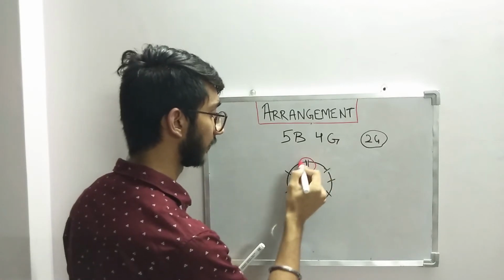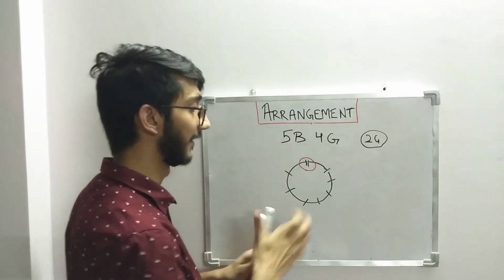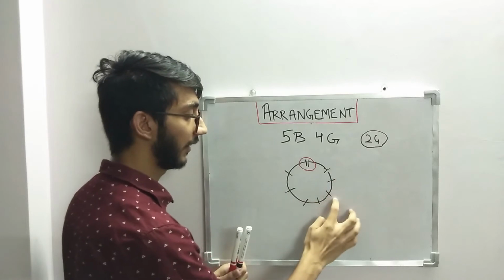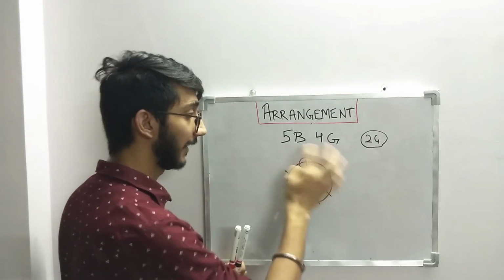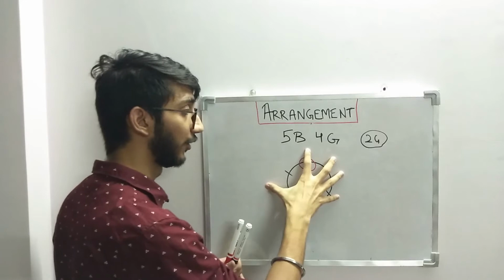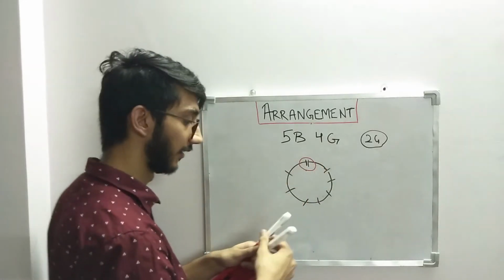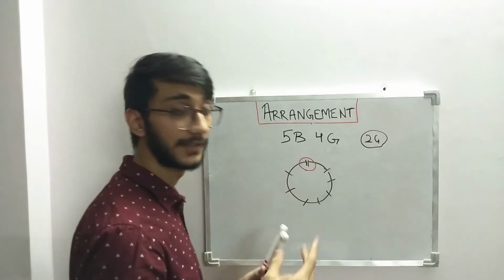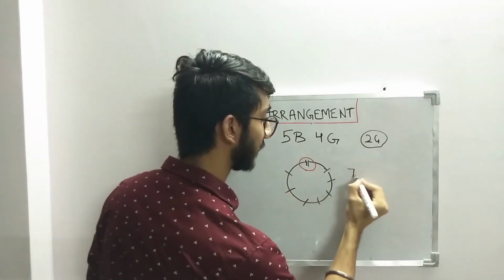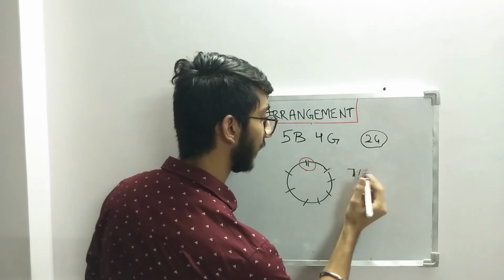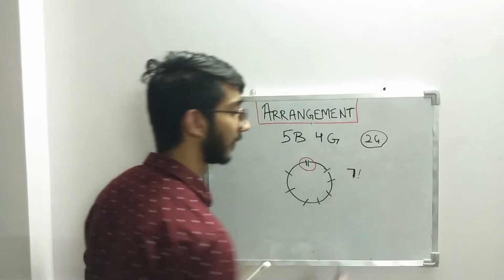Although there are 2 girls, I am taking it as one place because they have to sit together. So in total now I have 4, 5, 6, 7, 8 places. So I told you if n equals 8, my answer will be n minus 1 factorial. So I can arrange these 8 places in 7 factorial ways, that is 8 minus 1 factorial ways.